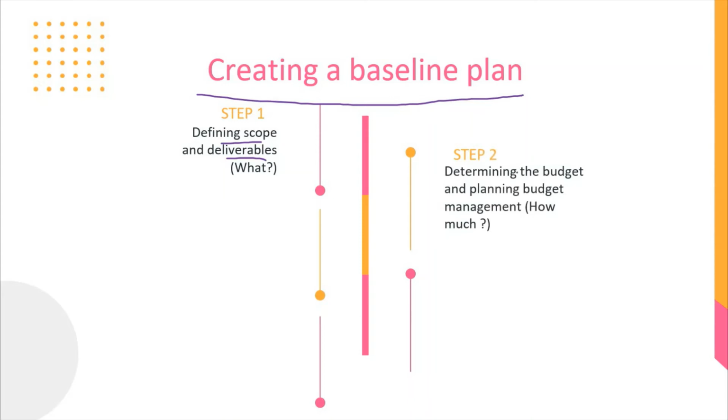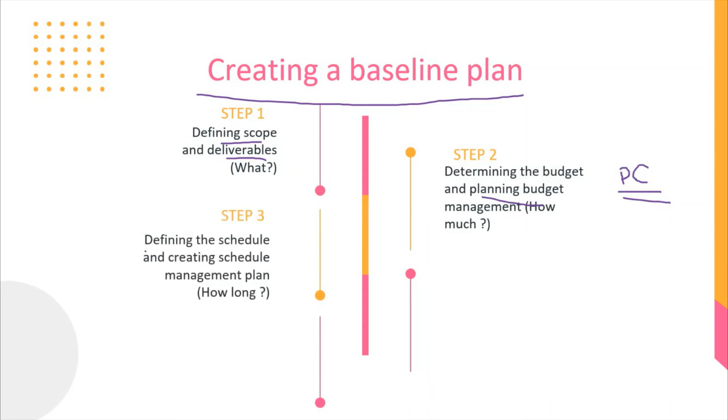Step 2 is to determine the budget. Now we already know what budget has been approved for that particular project, and we have that information in the project charter. But what we do in the baseline plan is to decide how are we going to consume that budget over time, over the project schedule. So we need to plan this.